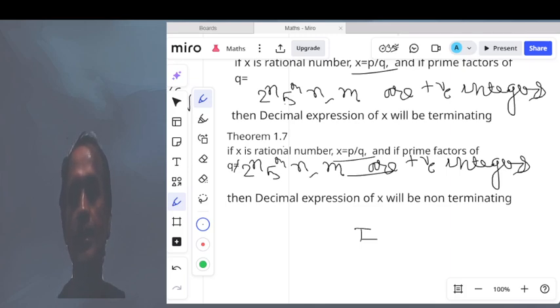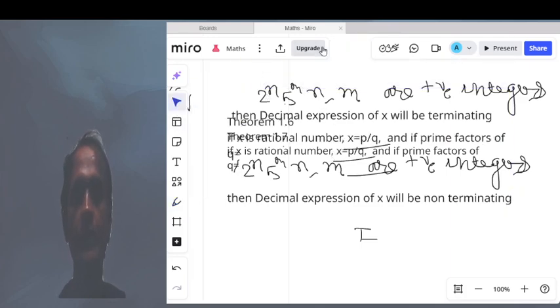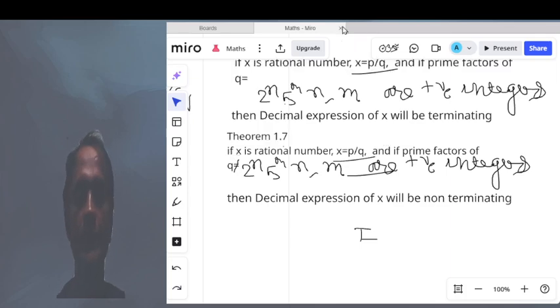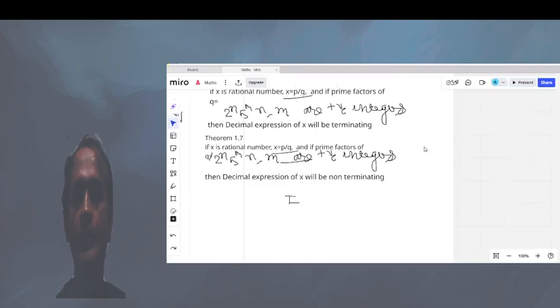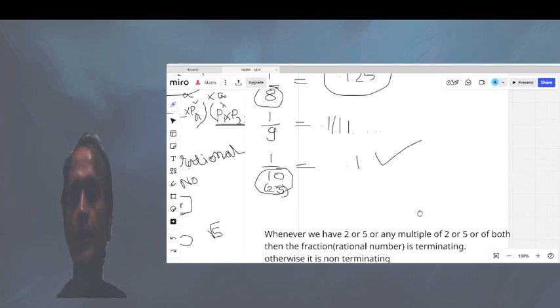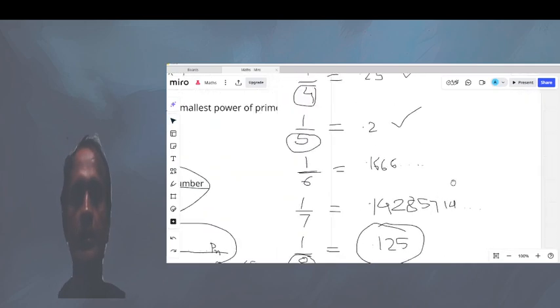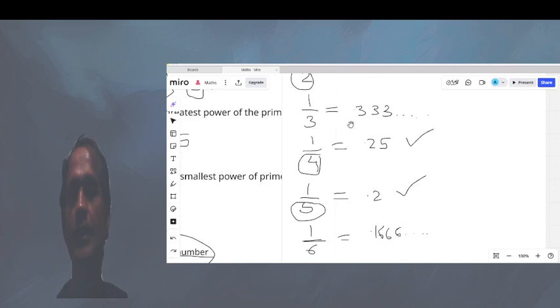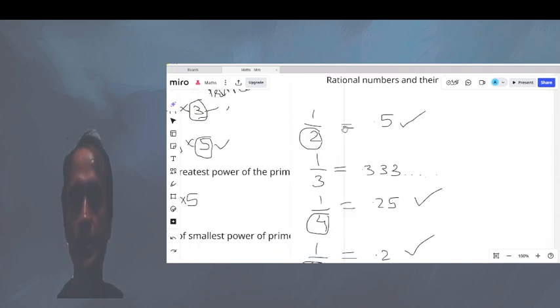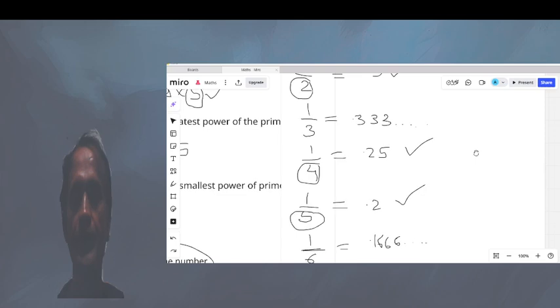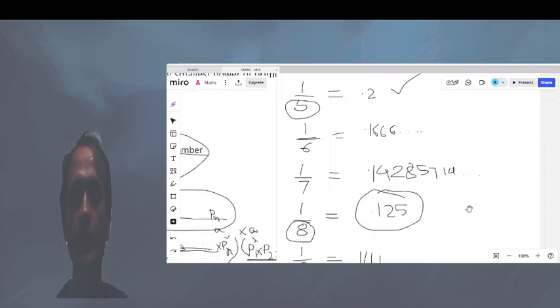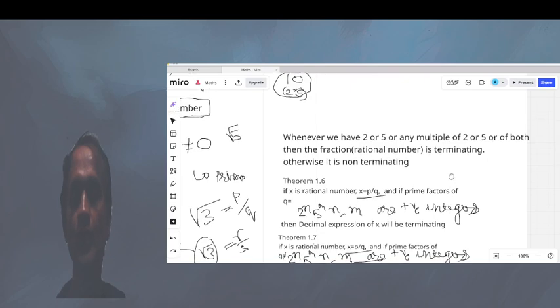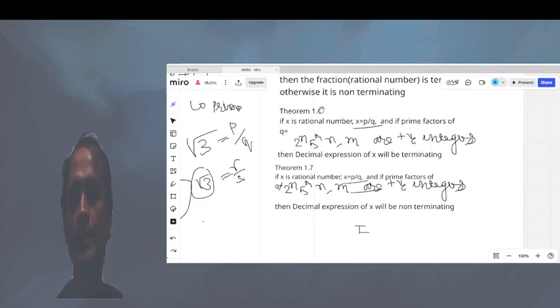So from the exercise that we have done, in which we found the decimal expression of various fractions or rational numbers, we have come to two theorems, theorem 1.6 and theorem 1.7.